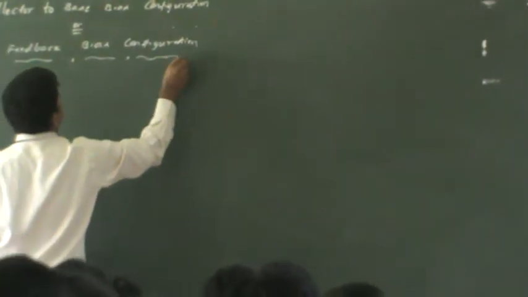This is the last type of configuration that we are going to study in the common emitter configuration. Look at the syllabus where we started with common emitter configuration, and this is going to be the fourth type of biasing circuits discussed.